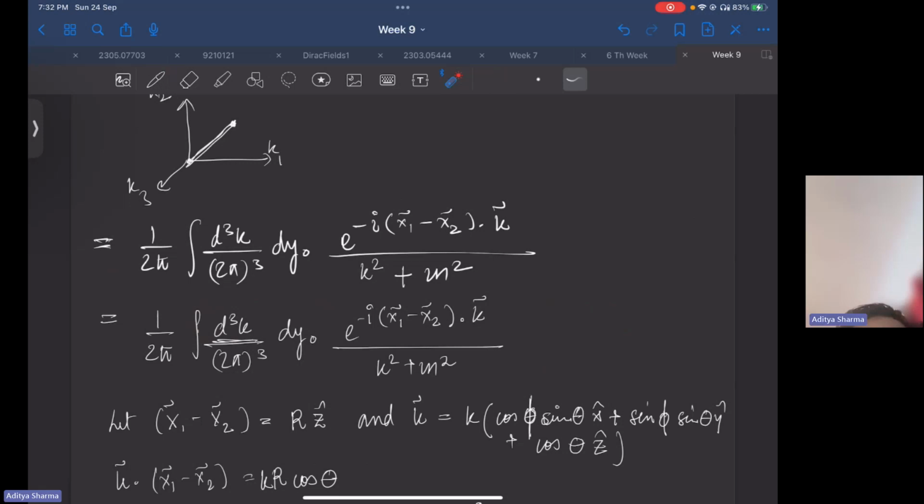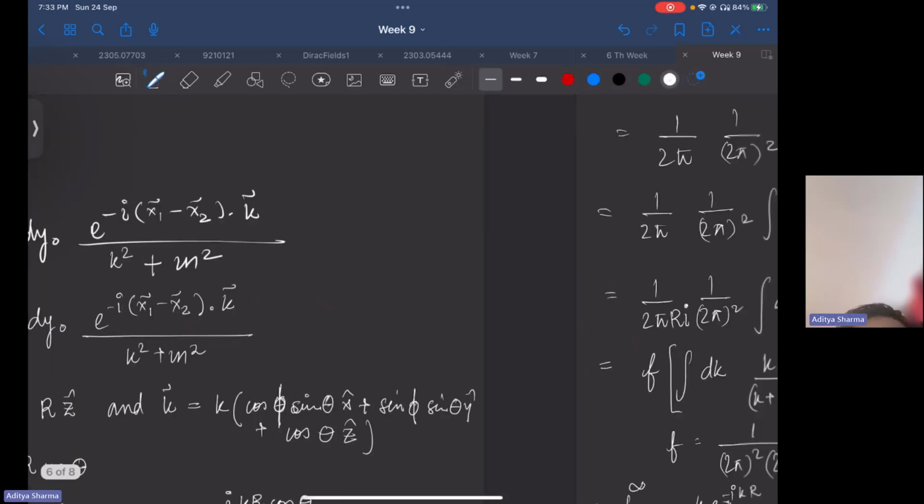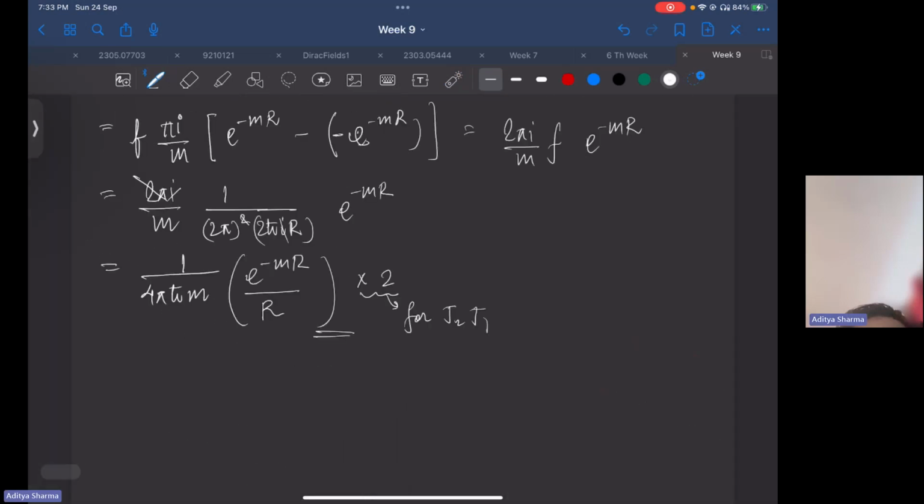Now you truly have no dependence on theta, so it's going to be just the integral of dk squared by k squared plus m squared from minus infinity to infinity. So my claim is you end up with the integral of dk squared over k squared plus m squared from minus infinity to infinity.